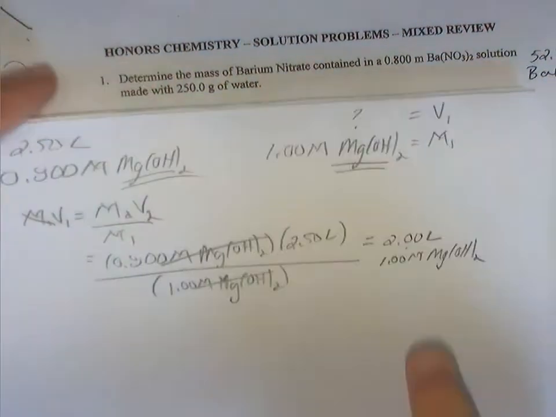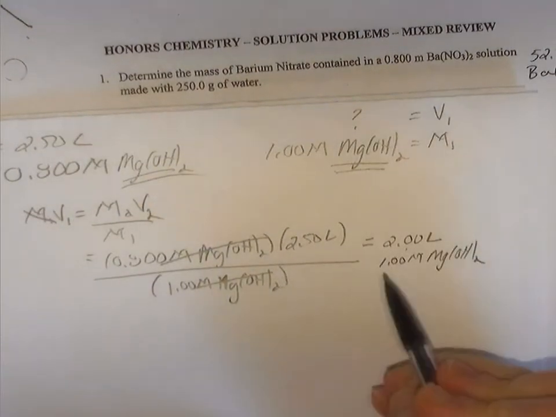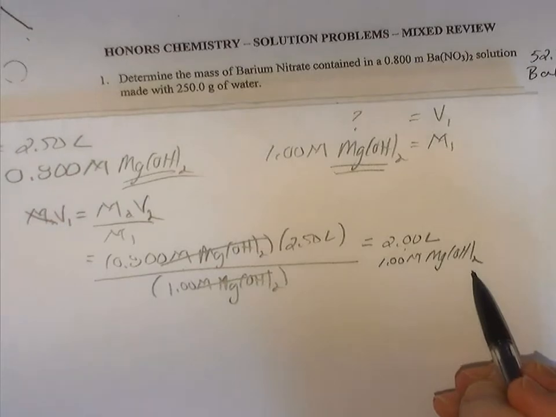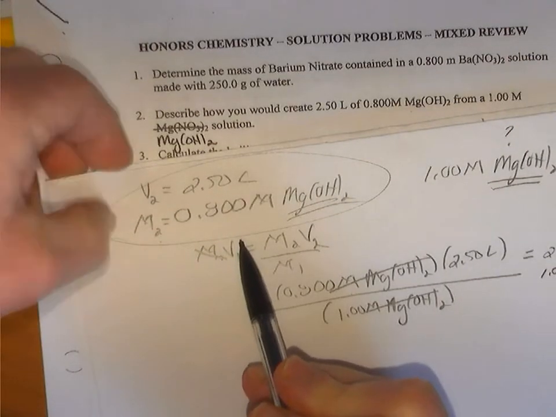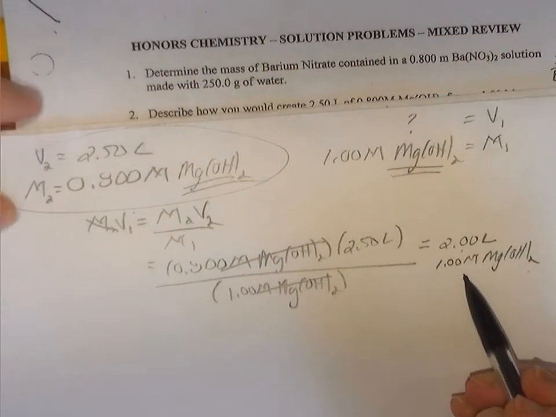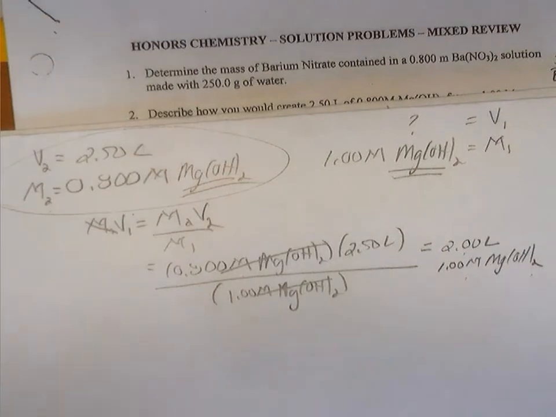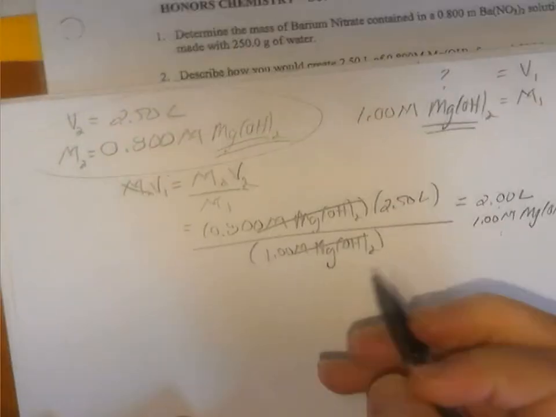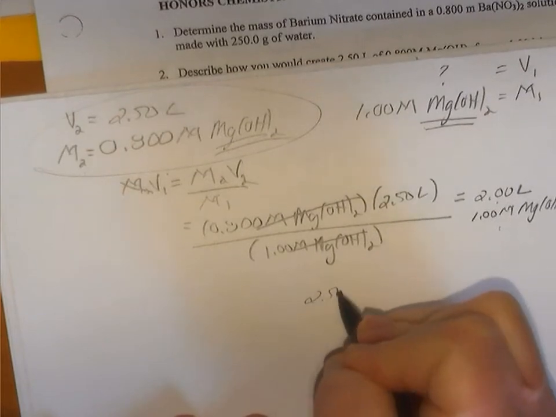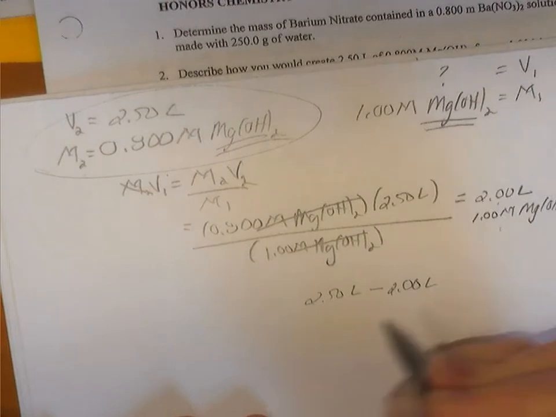Now, if I would just take a grad cylinder and measure out 2 liters of 1 molar magnesium hydroxide, have I made what I was shooting for? Well, the 1 molar won't become 0.8 molar until I add solvent. So the amount of solvent, remember, will be the volume of the solution that you're shooting for minus the volume of your stock.